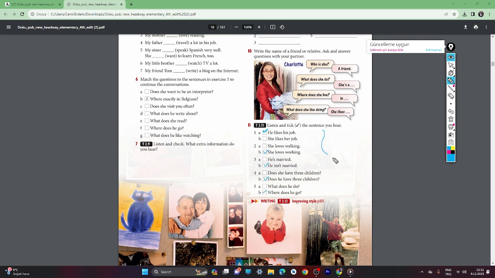Okay, from this practice we learn to understand that when we hear somebody, we should make the difference between the verbs and the sentences. Like, he likes his job, we might understand it like she likes her job, so you should make the difference.